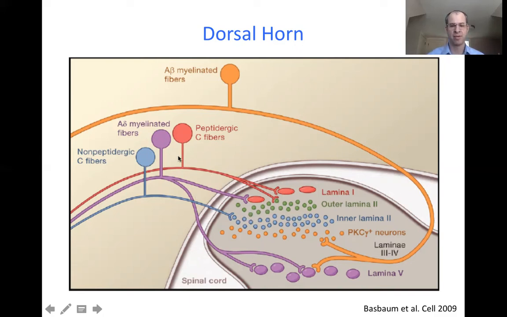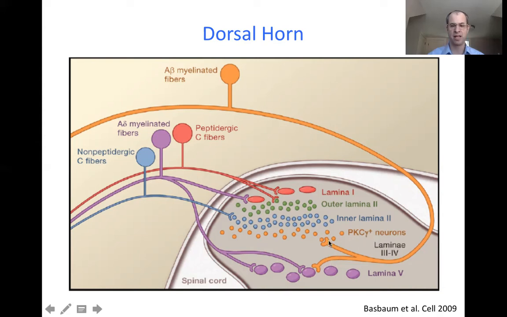And A delta fibers project to lamina 1 and also the deeper lamina 5 layers. At baseline, the A beta myelinated fibers that are involved in multiple sensory modalities, including light touch, project deeply to this group of PKC gamma neurons, as well as to lamina 5.